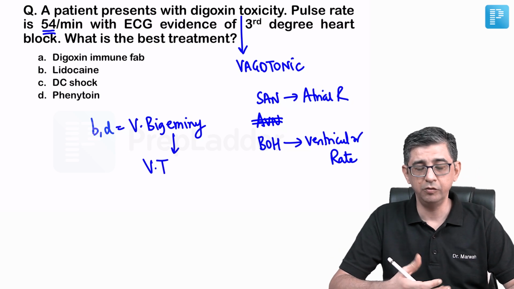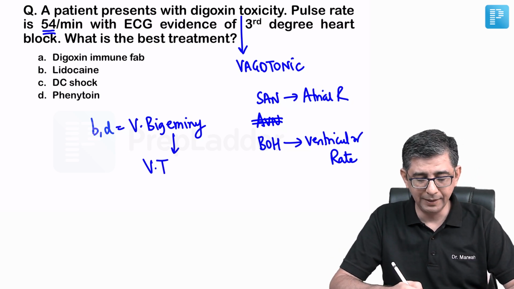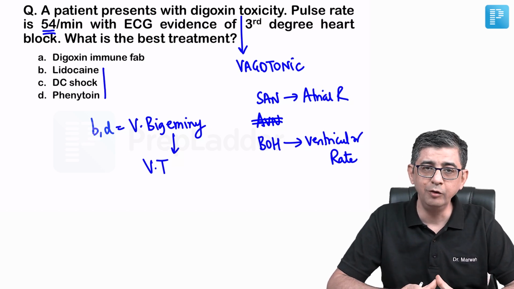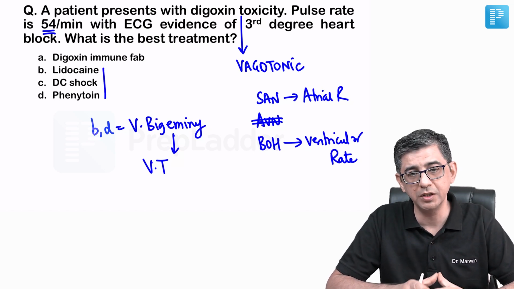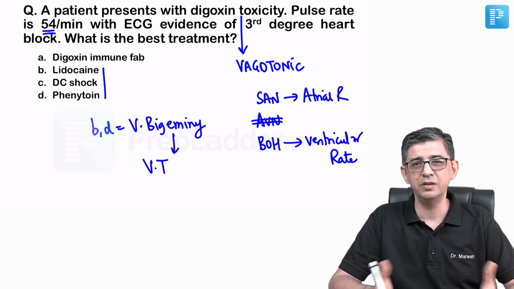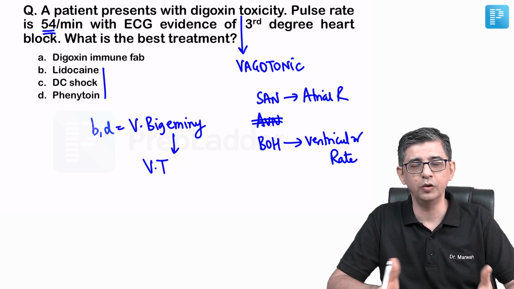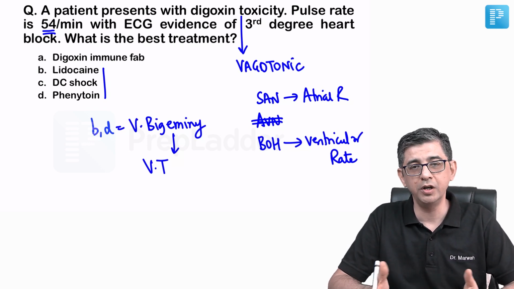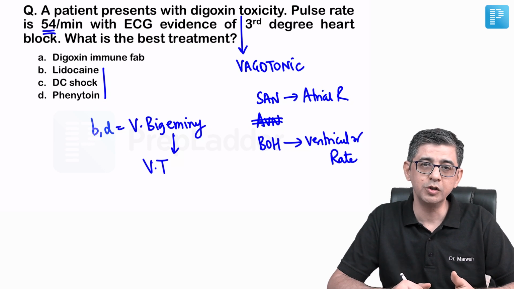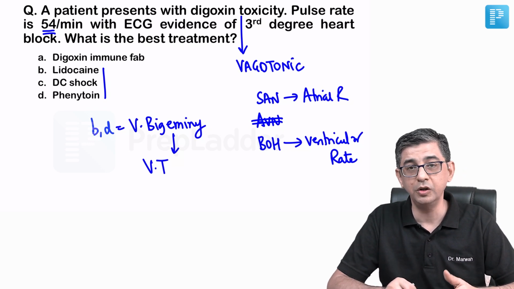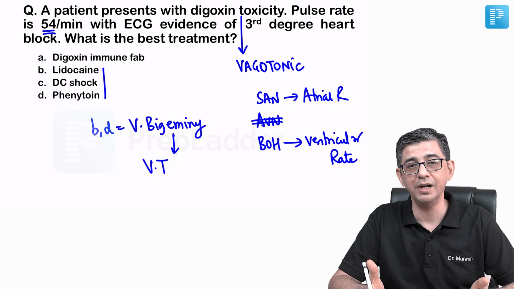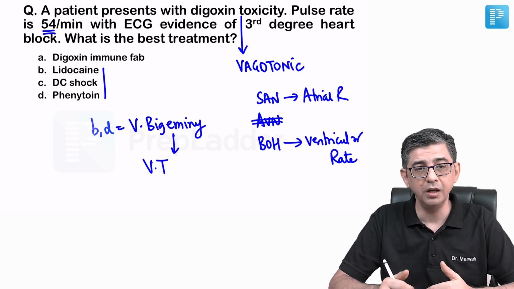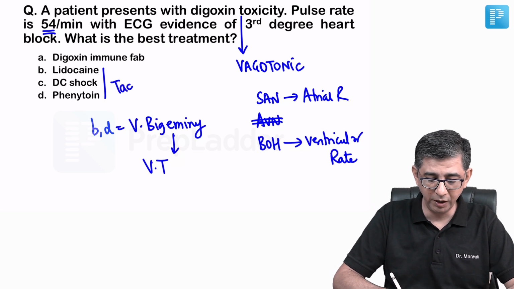My point is that options B, D, and C are all basically designed for management of a tachyarrhythmia. Phenytoin, I always say this, is the only example in cardiology where they are using a CNS drug, because phenytoin is used in epilepsy, but phenytoin is used in digoxin toxicity for ventricular bigeminy because of its membrane stabilizing effect. So B, C, and D, in fact, are all designed to handle a tachyarrhythmia.